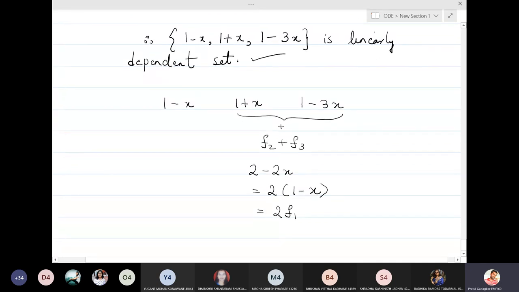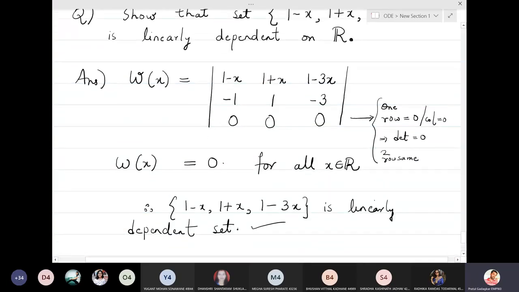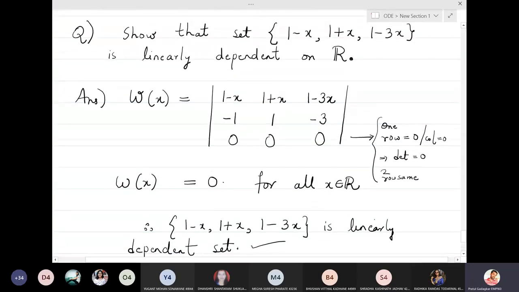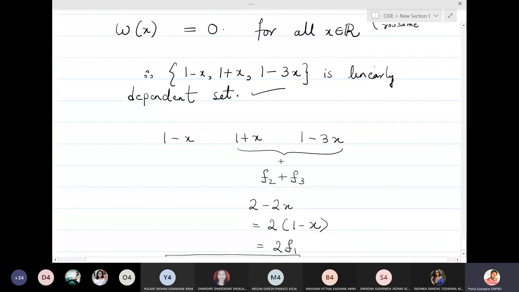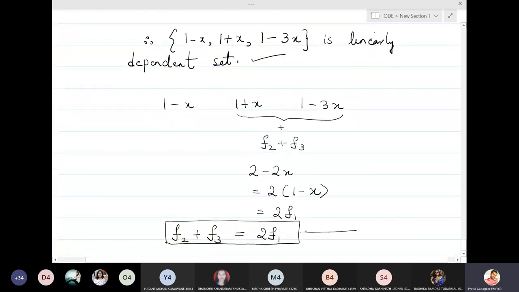So the relation between f1, f2, f3 is that f2 plus f3 gives 2 times f1, which means there is some relation connecting f1, f2, f3. Remember that once you want to show that the three functions are linearly independent, it is not always necessary to find this particular relation.